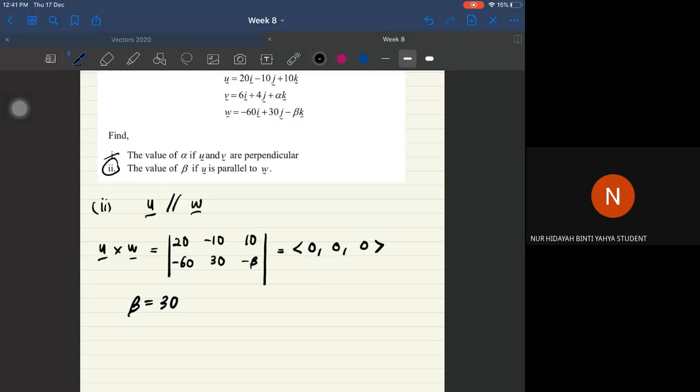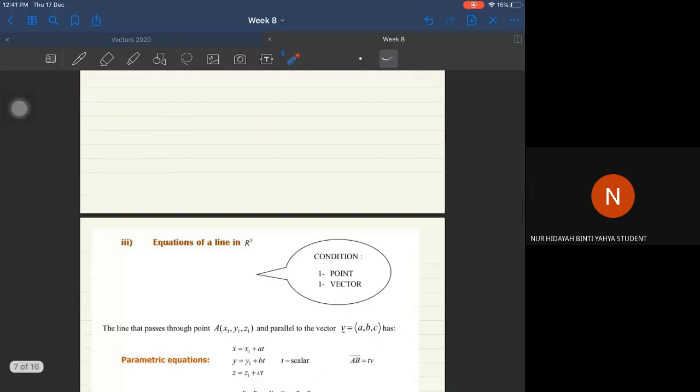Betul. So semua dapat beta sama dengan 30. Awak tak perlu solve semua pun. Kalau you solve by the first component ni pun you dah boleh dapat. Okay, you delete the first column. So 10 beta tolak 300 sama dengan kosong. So dapatlah beta sama dengan 30.